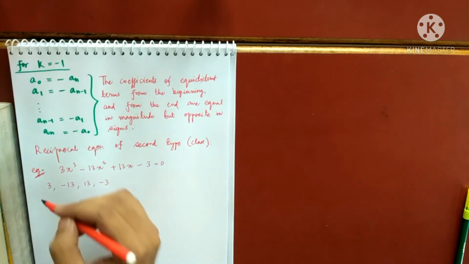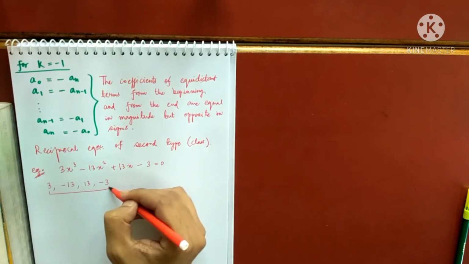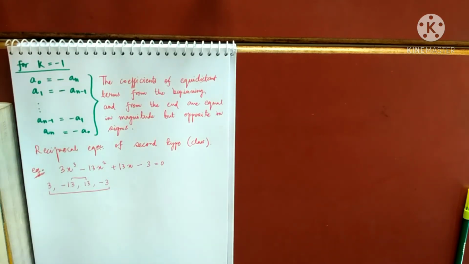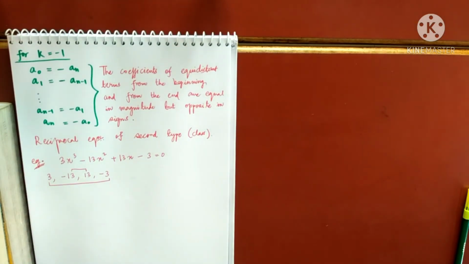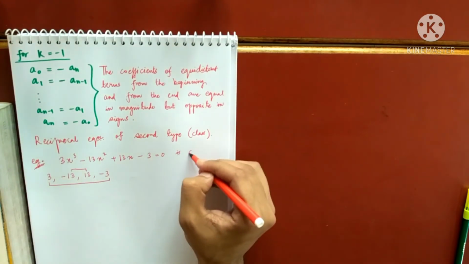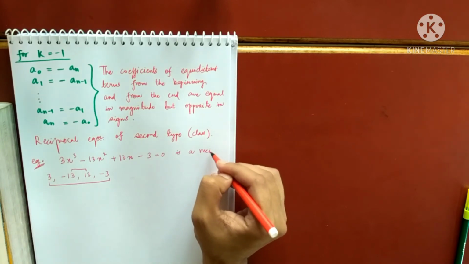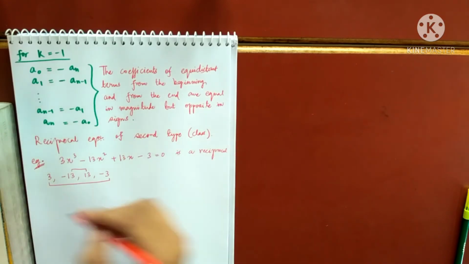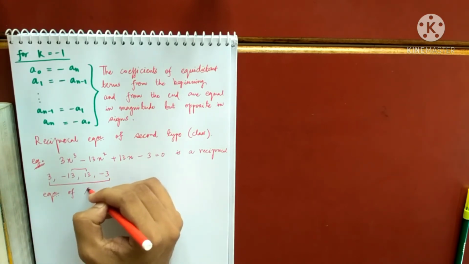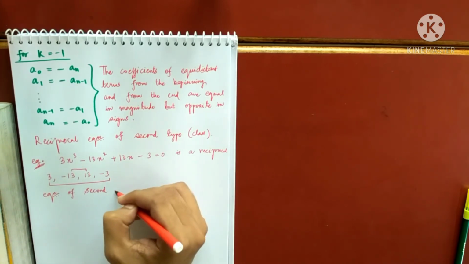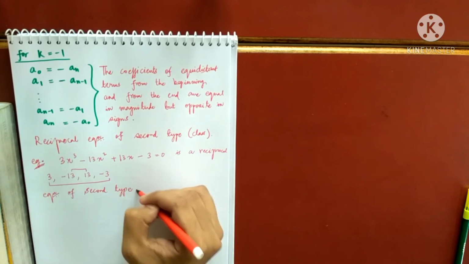Look at the coefficients, this and this. They are equal in magnitude but opposite in sign. So this is a reciprocal equation for sure, an equation of the second kind or second type. Did you get my point?